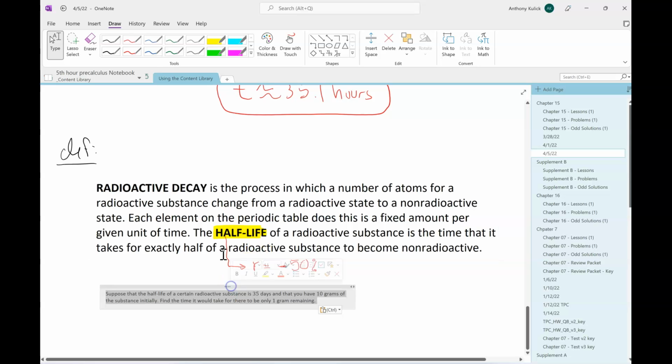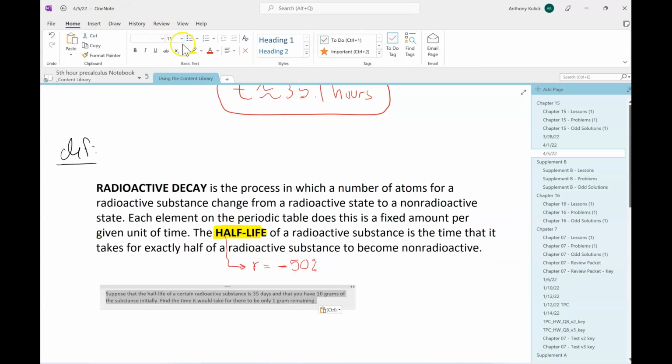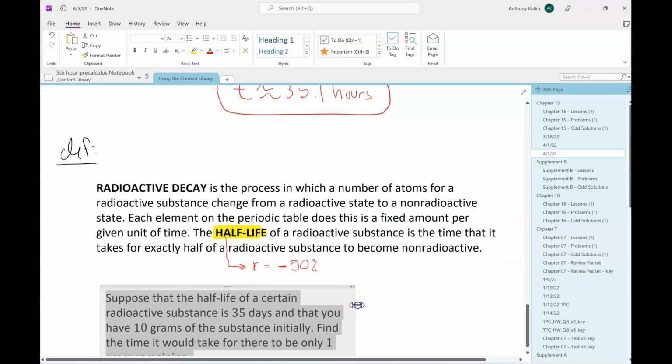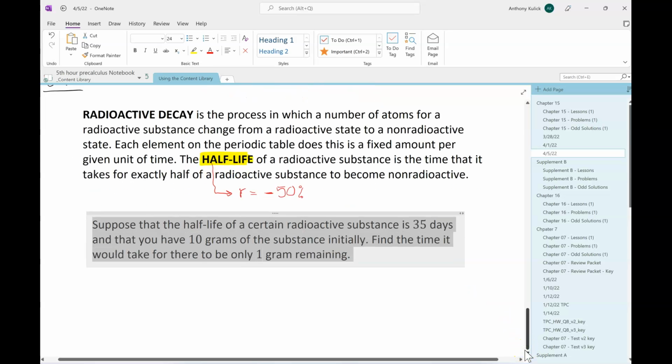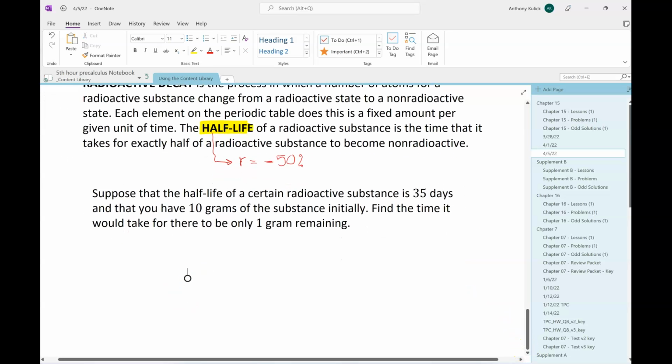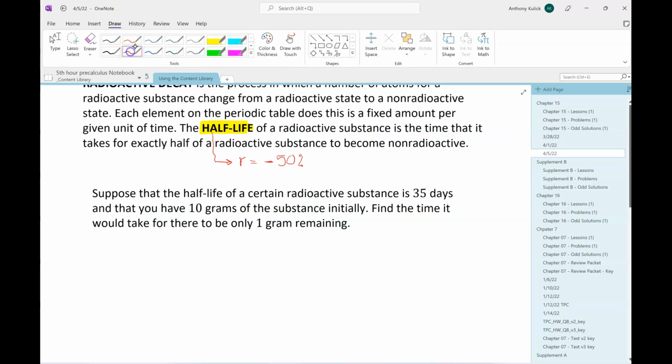Okay, let's do an example now. Not much different than what we've been doing, right? It's a different context. It's a little bit less clear that this can still be a population problem, but it can still just be a population problem.